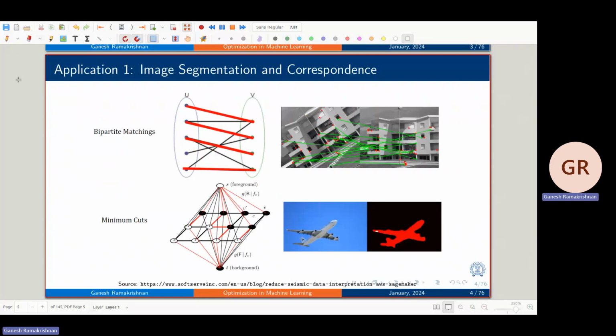So if I'm given two different views of the same object, maybe an organ, or it could be as simple as a house, a building, our goal is to determine, first of all, what is the correspondence between these two?